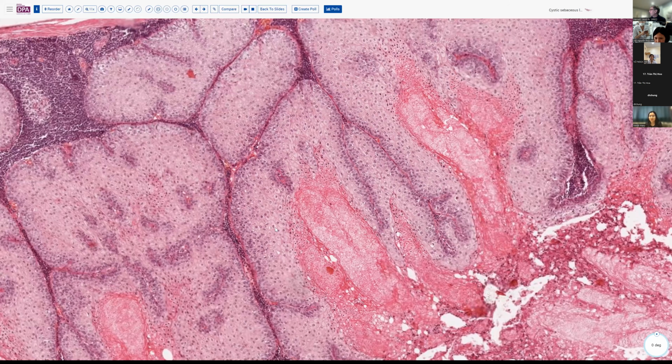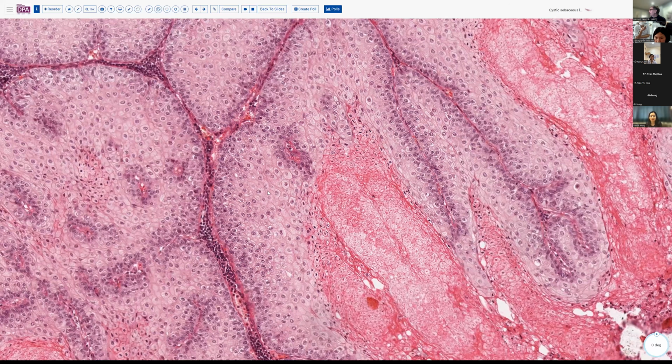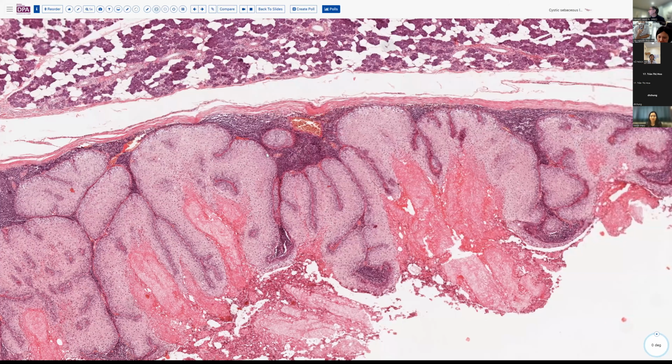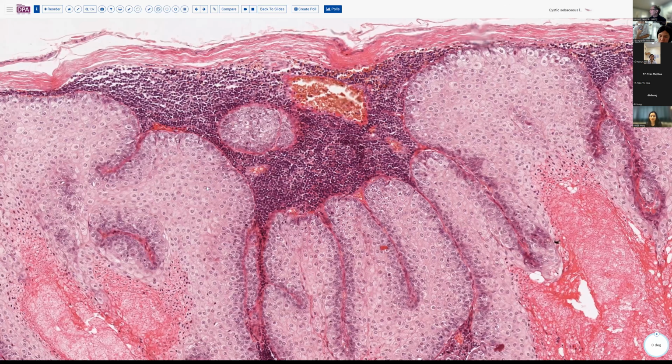But then as you come into higher magnification, you can see there will be areas of sebaceous type differentiation, almost more like a lymphoepithelial cyst or a squamous epithelial inclusion.